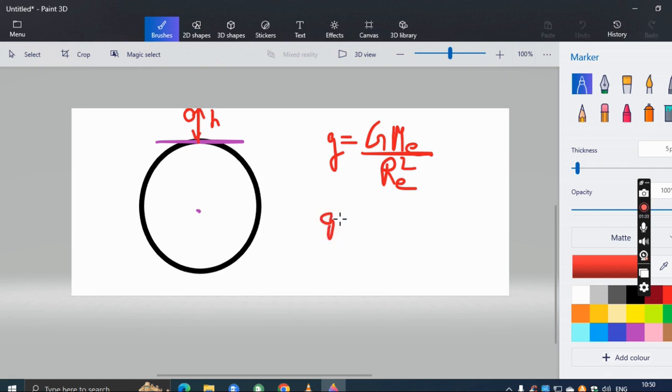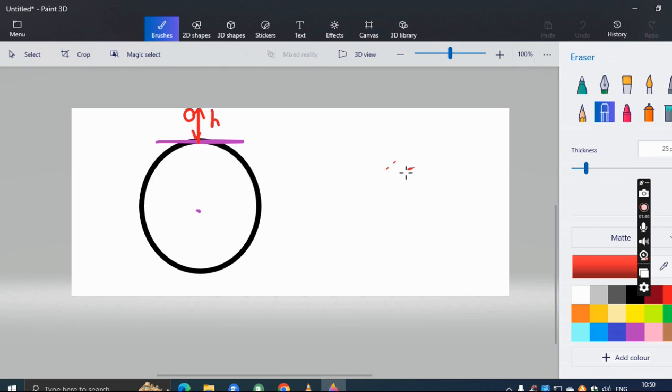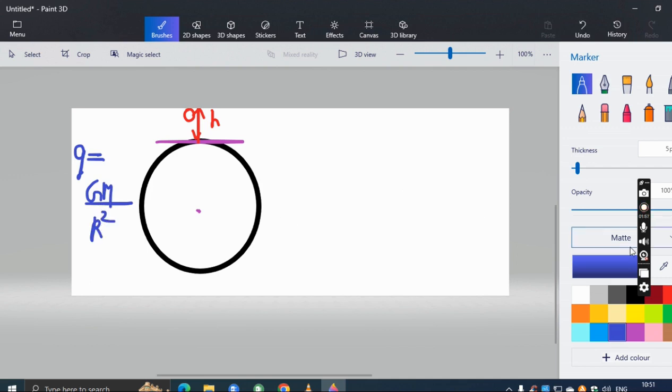So now what does the formula for g become? Let me call it g dash. I'm going to write it over here so that I get more space. g is equal to GM, where capital M just means the mass of the Earth, divided by r square.